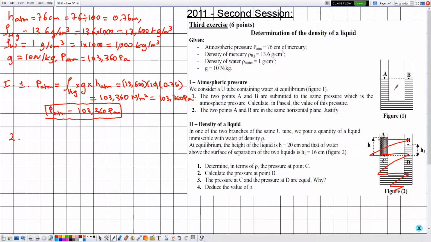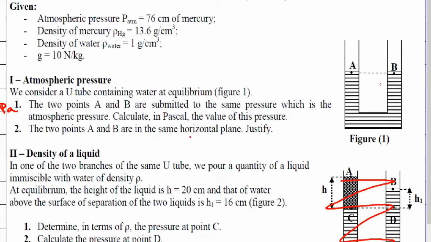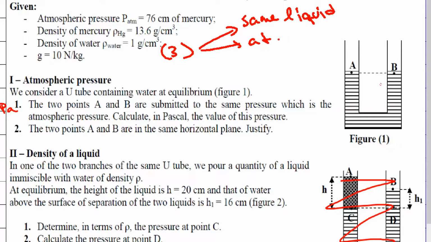Now in number 2, the 2 points A and B are in the same horizontal plane, justify. We always answer this type of question using the rule of 3, which is: same liquid, at equilibrium, and either same pressure or same horizontal level.